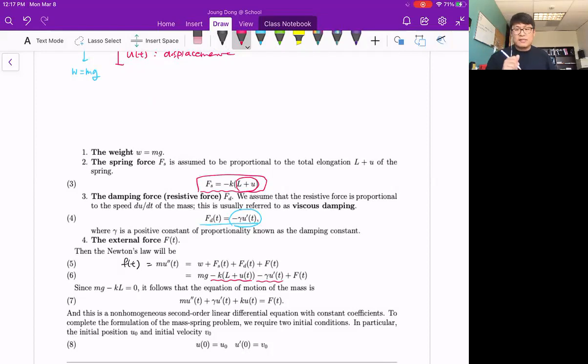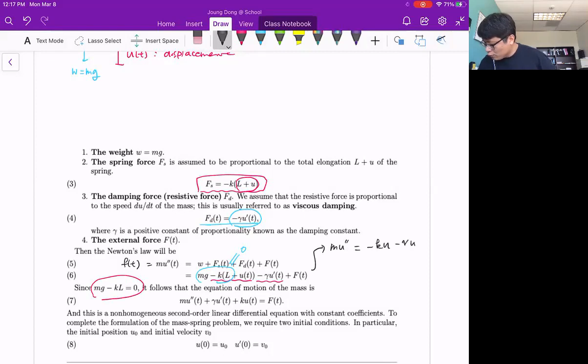And in the previous slide, we talked about the equilibrium position, right? Which is mg minus kL equals 0, okay? I state it here. And then we can say these two parts are equal to 0, okay? Then when you simplify this one, let me rewrite here. m u double prime is equal to minus k u minus gamma u prime plus F of t, okay?